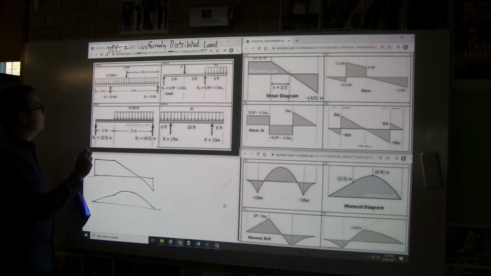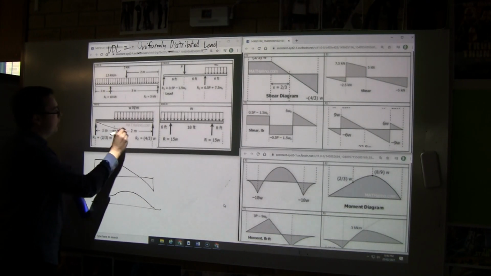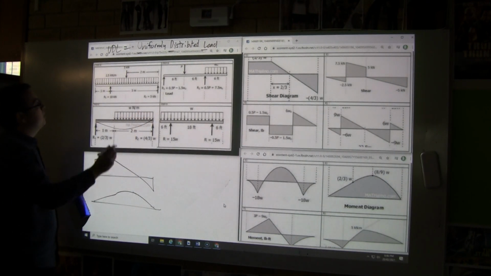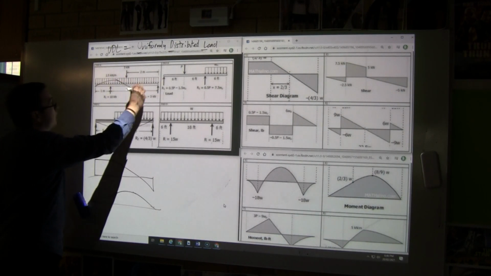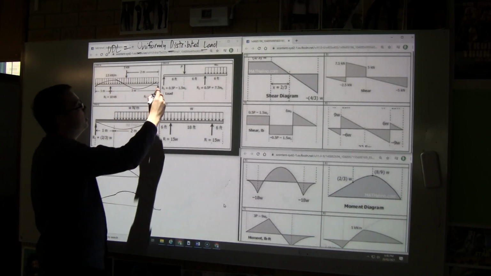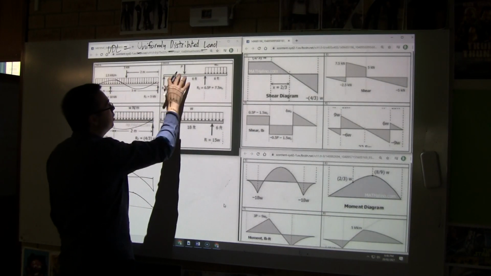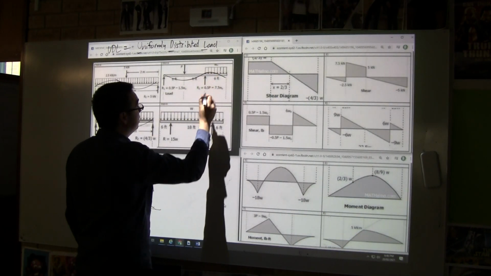Okay, how do you know if it's going to be curving in or out? What you think about is how is this beam going to bend, right? I think my beam's going to bend like that. Whereas here my beam is going to bend like that. If you think about how your beam is going to bend, so we've already done this one as well, it's going to bend steeply and then down like that.